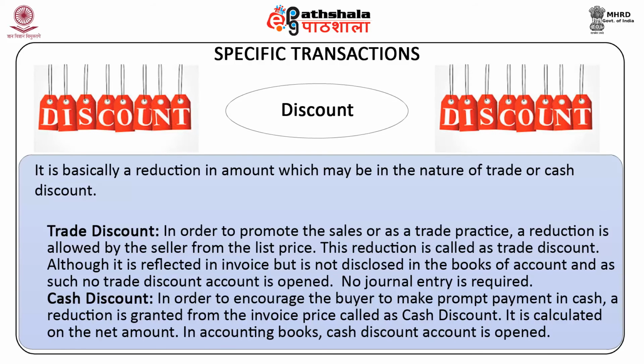In order to encourage the buyer to make prompt payment in cash, a reduction is granted from the invoice price, called cash discount. It is calculated on the net amount. In accounting books, a cash discount account is opened.